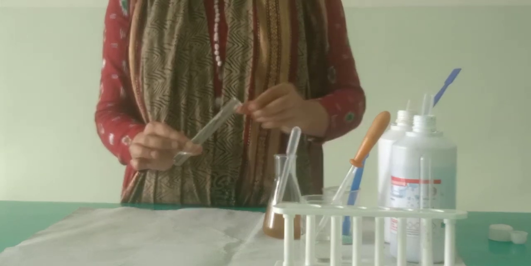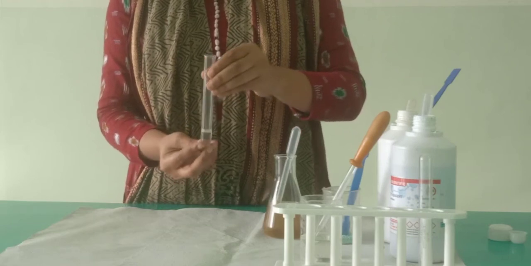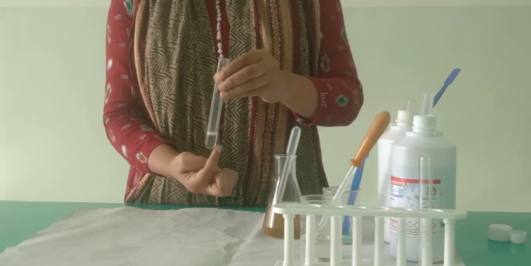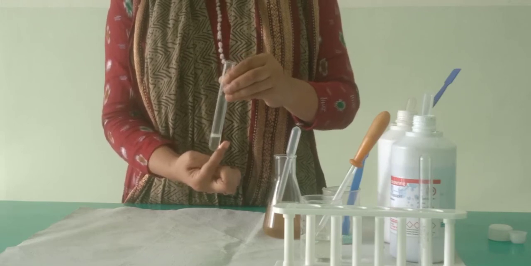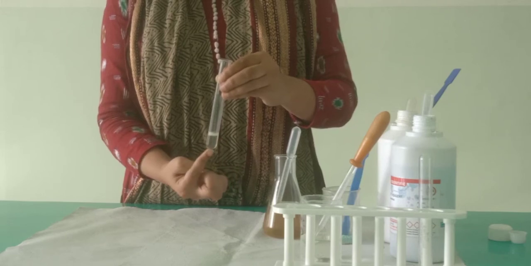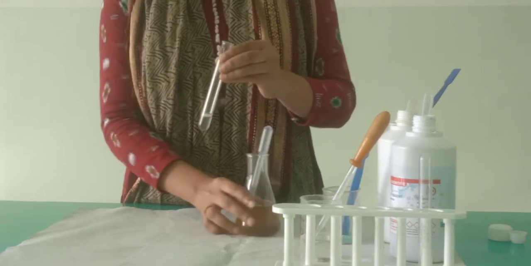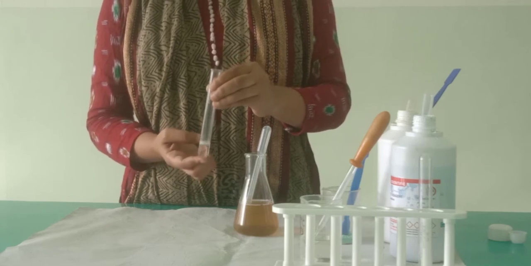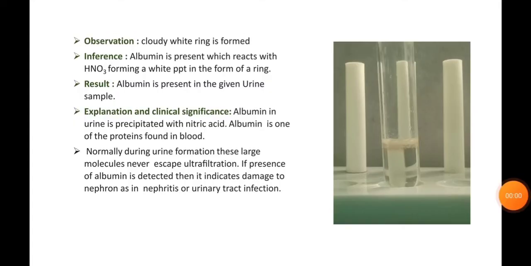Now after adding a few drops, if I hold it straight, I will see a white cloudy ring that is formed at the junction of the solution. If this white cloudy ring is appearing, that means protein is present in this urine sample. So this is the nitric acid ring test.